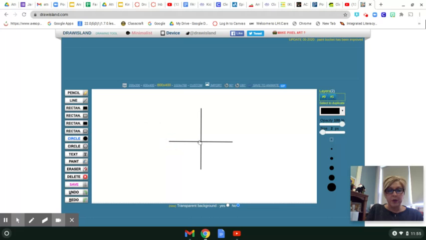Perpendicular lines cross each other to resemble a plus sign. These two lines that I'm drawing right now are perpendicular. They resemble a plus. And we've talked a little bit about angles, but we haven't really talked about what we call degrees of an angle.